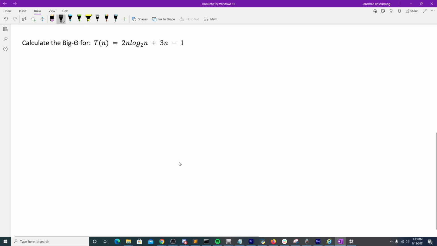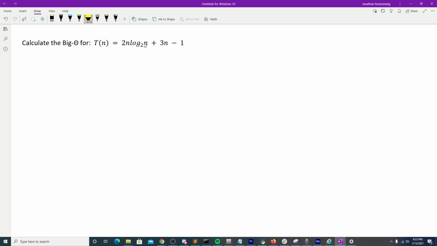So let's look at another example. T of n is equal to 2n log base 2 of n plus 3n minus 1. So in this expression, we need to find the largest term again. So we have a linear term, a constant term, and this term over here, which is n times log base 2 of n.